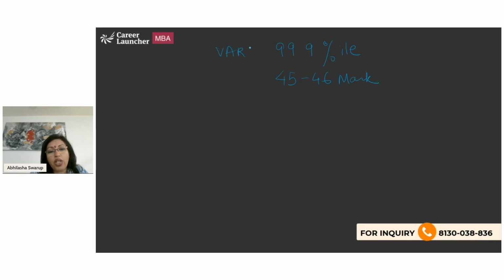Now, to get this 45 to 46 marks, you need to get 15 questions perfectly right or 15 to 16 questions 100% accurate, right? Which means you will have to attempt at least 18 to 20 questions. Then you will get some 15 to 16 questions right.